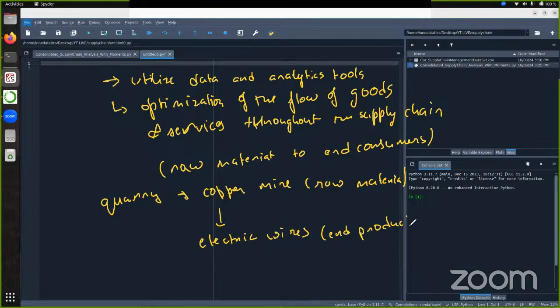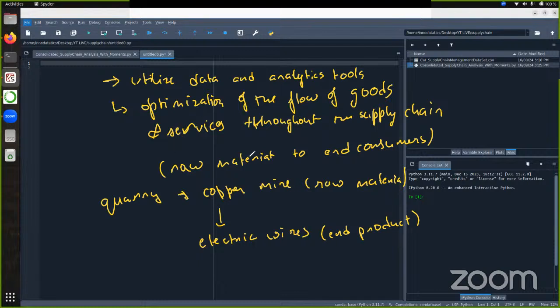Today, we're going to focus on the various aspects of the industry which enable us to create these supply chains and how we can manage and optimize the various aspects of the process.